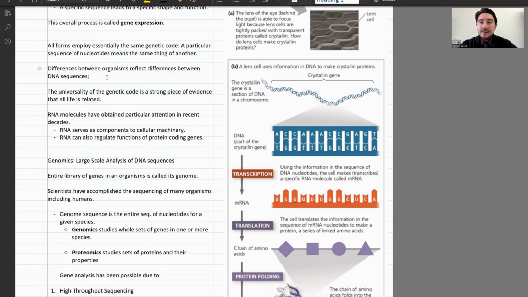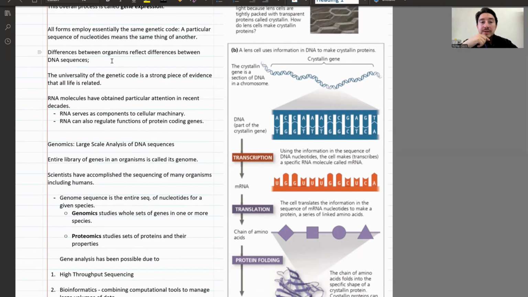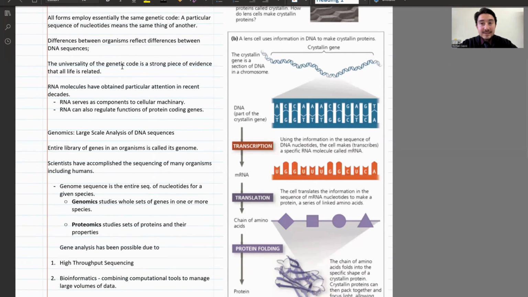Many species exist within this living world, and differences between organisms reflect differences between DNA sequences. Yes, different species have different sequences of DNA, but nevertheless the process by which you go from DNA to protein is relatively similar.